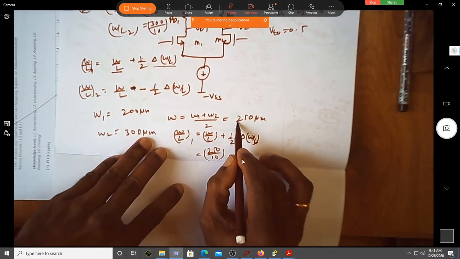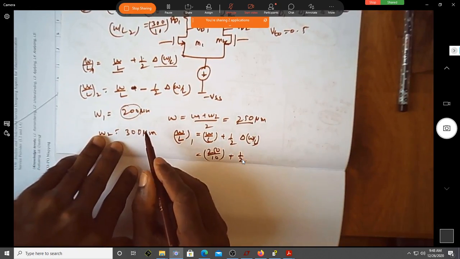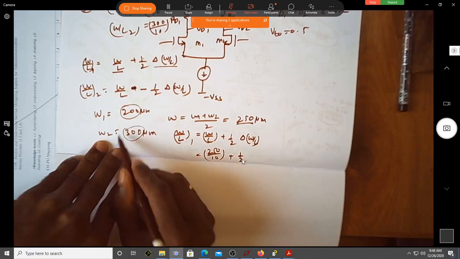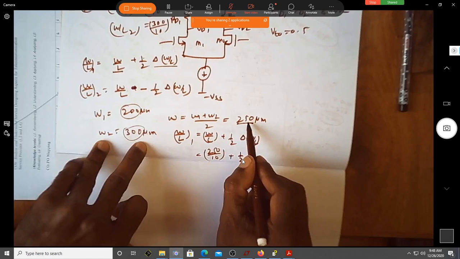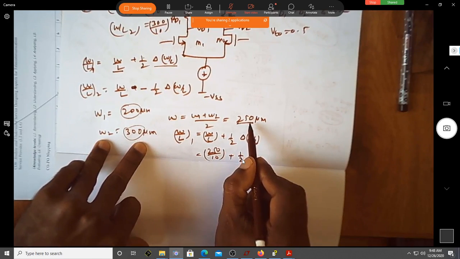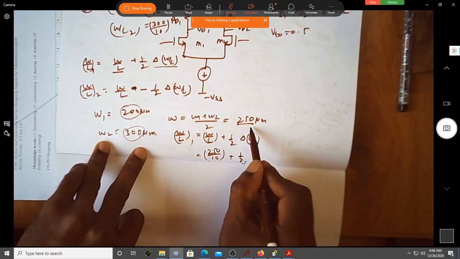if you can actually see this, this is 250. What is this here? 200. Can you see this is 300? Is this 200 less by 50 compared to 250? Is this W2 more by 50 compared to 250?